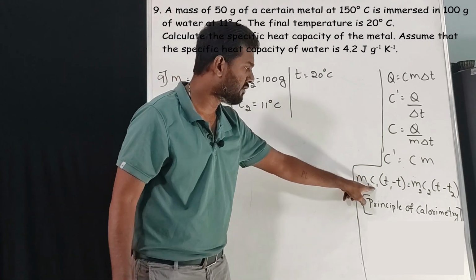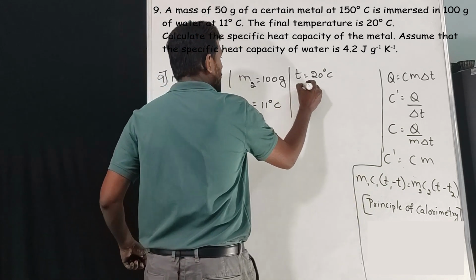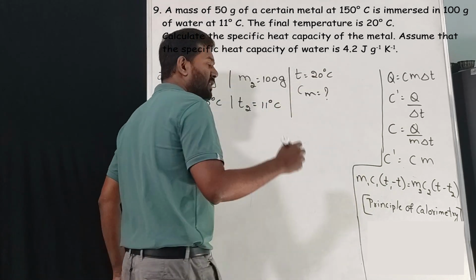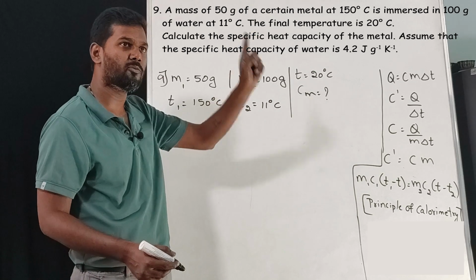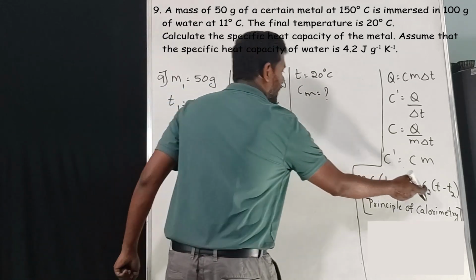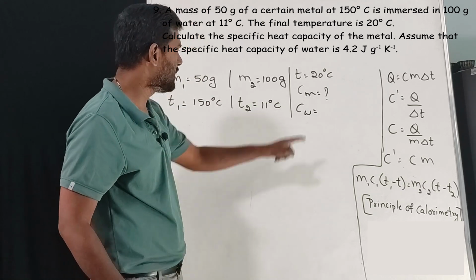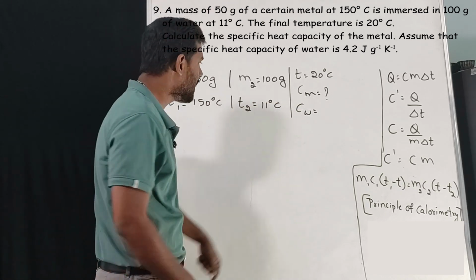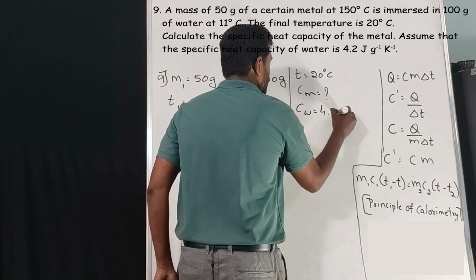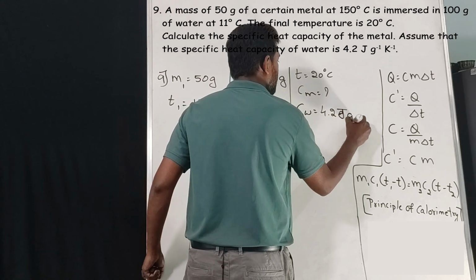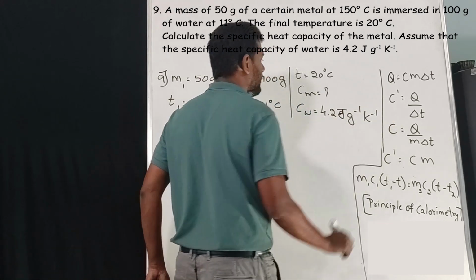So C1 we can assume as Cm, that is what we have to find, the specific heat capacity of metal, and C2 we can assume as CW, specific heat capacity of water. This is the first object, this is the second object. That is given as 4.2 joules per gram per Kelvin.